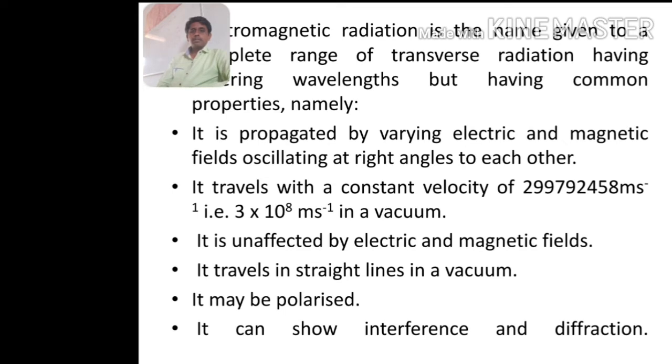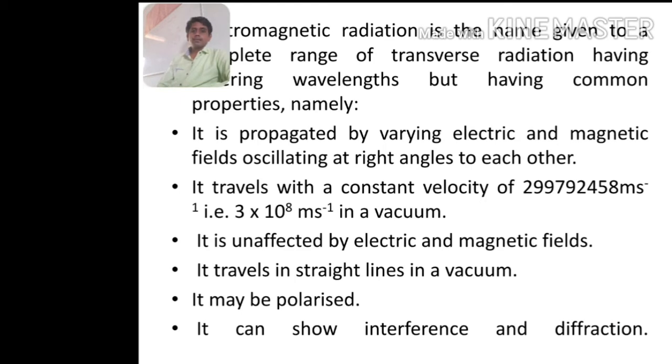Which properties? It is propagated by varying electric and magnetic fields oscillating at right angles to each other. Means electric and magnetic components are always oscillating perpendicular to each other.